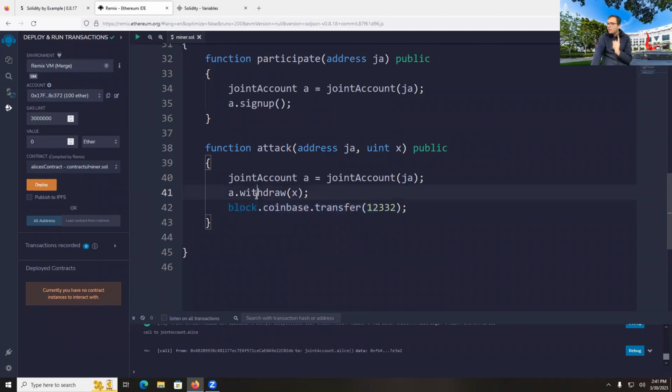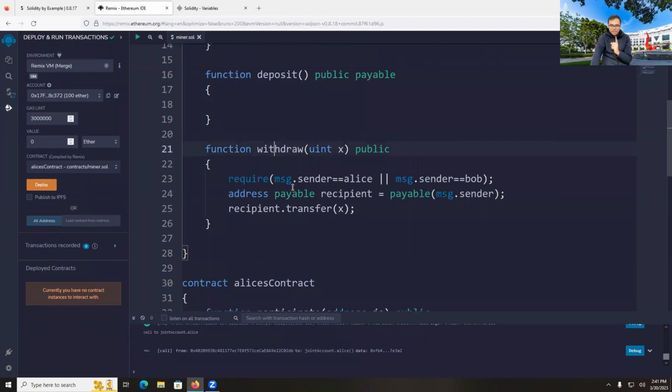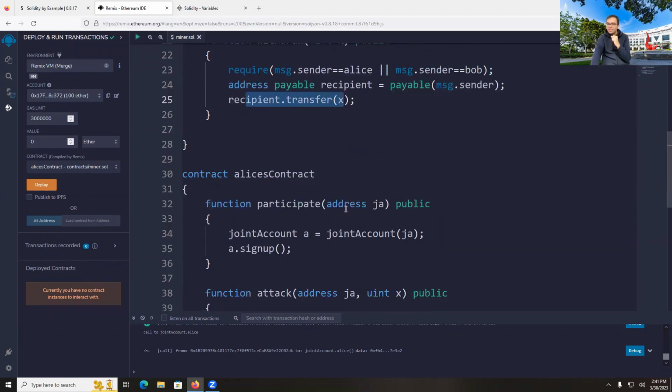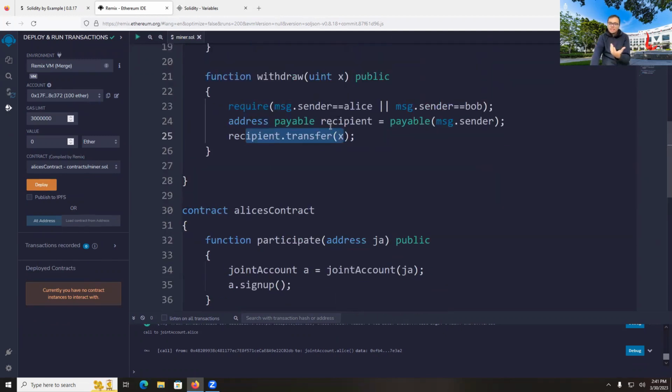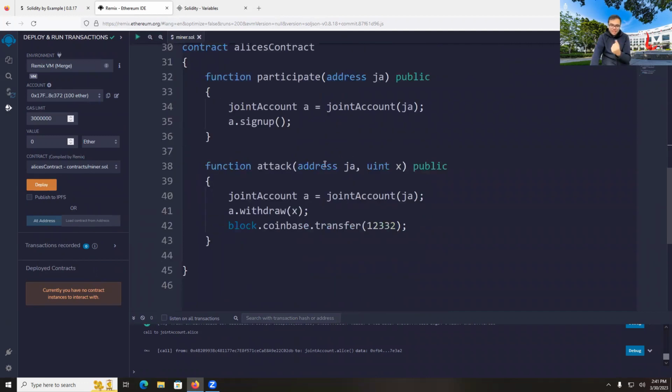Now, if this withdrawal fails, if this contract does not have enough money to give to me, and this transfer basically fails because the contract doesn't have enough money, then it throws an exception. But if it throws an exception, then an exception is thrown here, which means that the entire transaction that was calling the function attack is going to be reverted, which means the miner is not going to get his money.